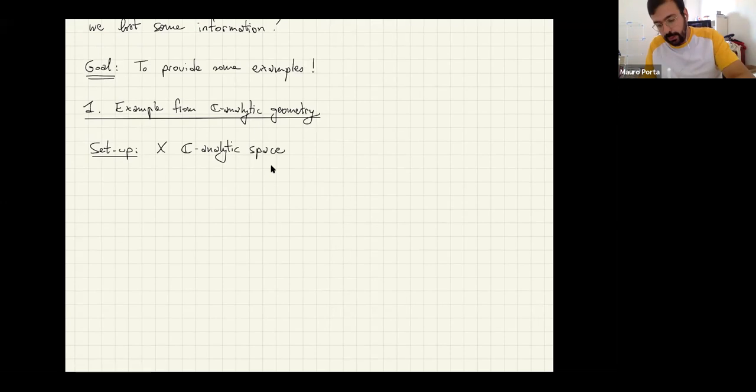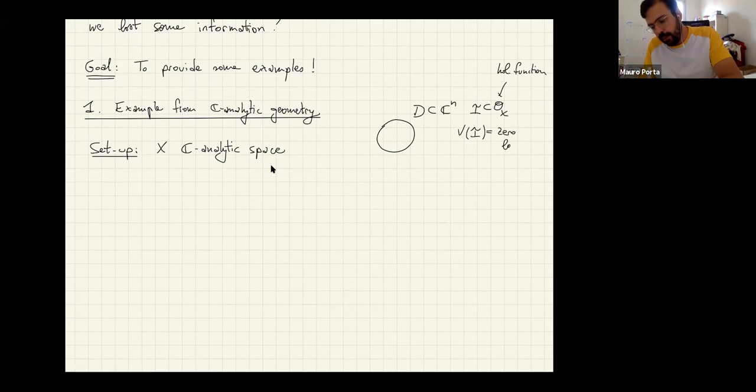Essentially you start with some disk inside some C^n, you take some ideal of holomorphic functions on X, and then you look at the zero locus of this thing. This will cut out something which could be arbitrarily bad, with very bad singularities, and these are the local models, and then we glue them in the usual way.